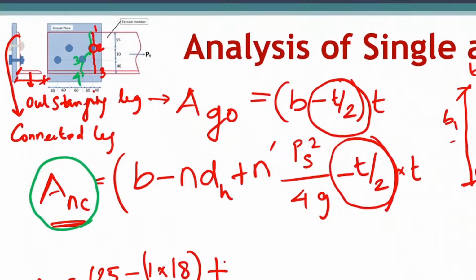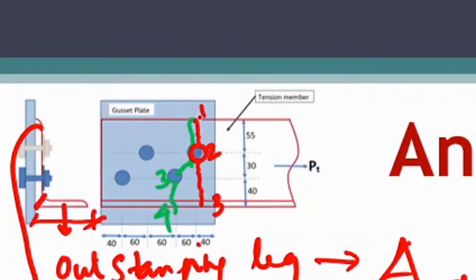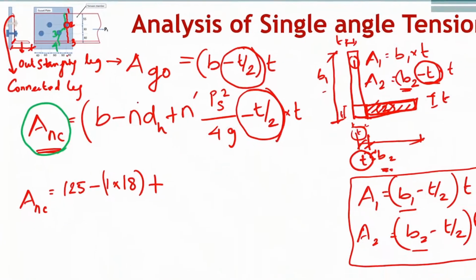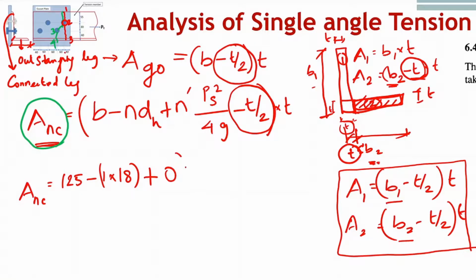Plus n dash. Is there any staggered failure pattern in our failure path 1, 2, 3? No. So this is 0. Minus thickness T by 2 multiplied with thickness T, 10 mm, and you will get the value as 1020 mm square.